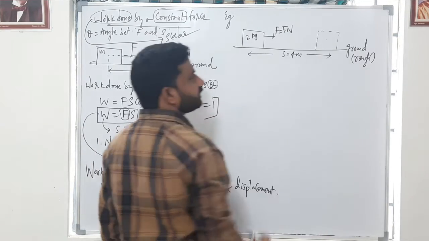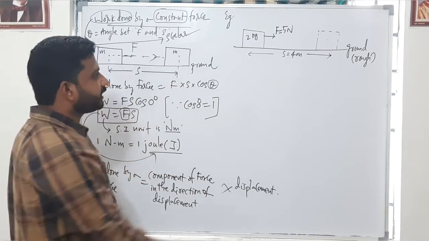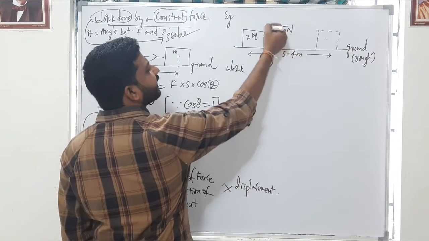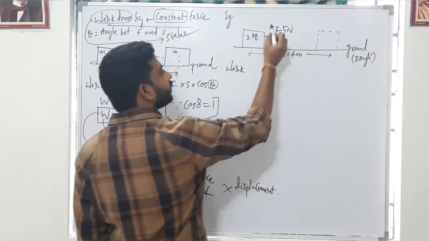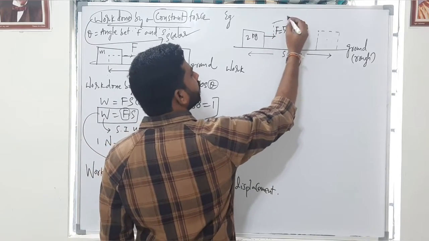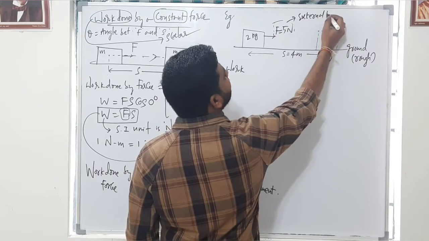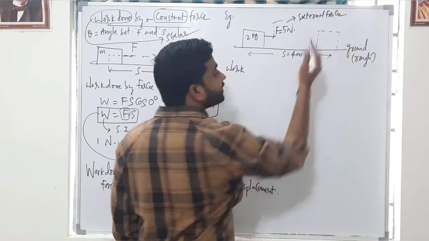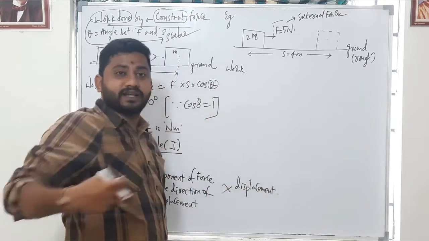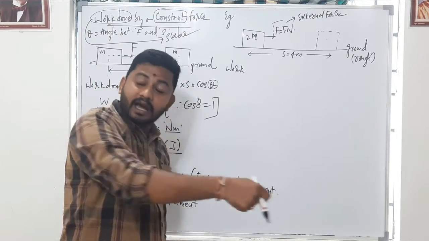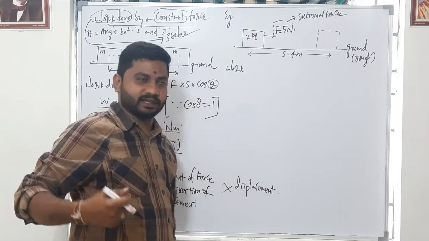The question is, work done. This force I can call an external force. Clear? So this is the force I am applying from outside, maybe with a thread or a wire or a string or a spring, I am applying externally.